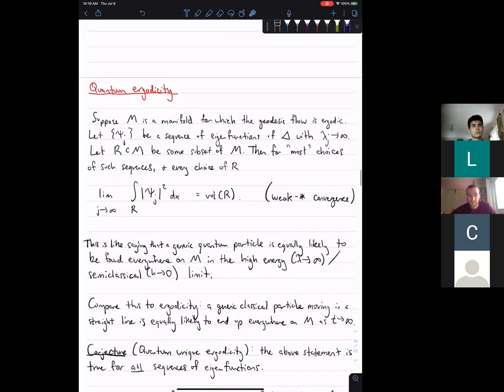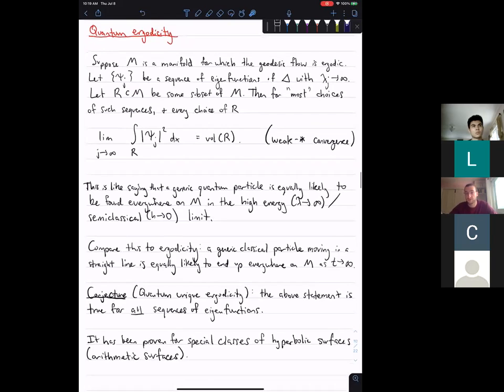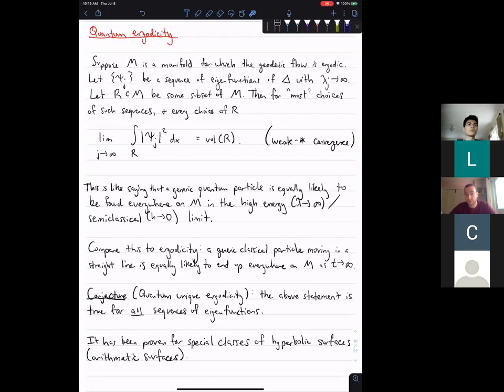So what does quantum ergodicity say? It says if you have a manifold for which the geodesic flow is ergodic, and you have a sequence of eigenfunctions of the Laplacian with eigenvalue going to infinity, then if you choose a subset of the manifold, R, then for most choices of these sequences of eigenfunctions with eigenvalue going to infinity, and every choice of region, the limit along this sequence of the integral of the norm squared of your eigenfunction over your region will converge to the volume of the region.